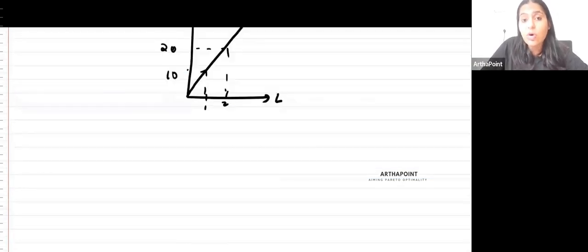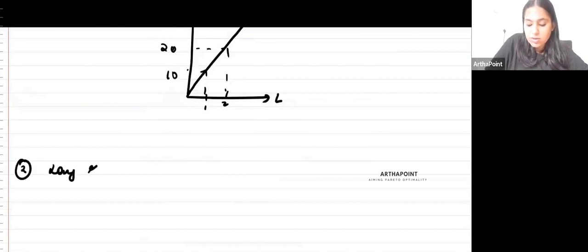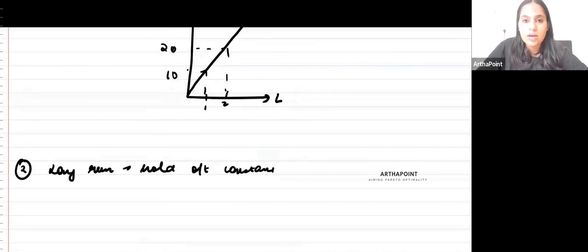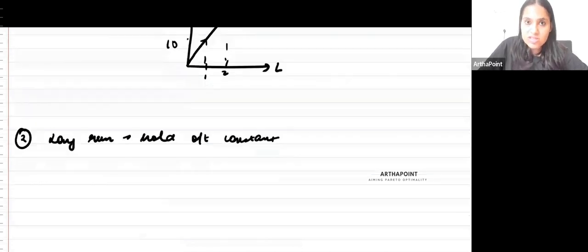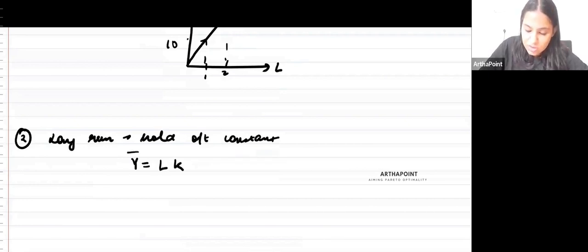But what if it is not the short run? What if it is the long run? Then you hold output constant. So y is equal to L into K, but you've held y constant. Then I come back to the same point. Then I want to know all efficient levels.